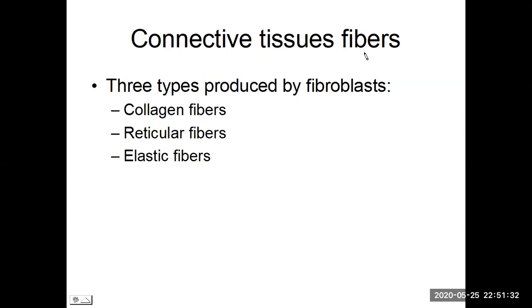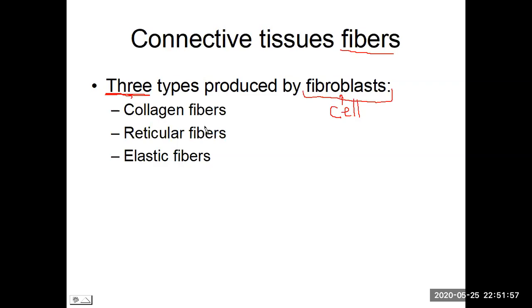Within connective tissue, there are various types of fibers. You see these three primary groups of fibers, these strands of protein. All of these different types of protein fibers are produced by a cell known as a fibroblast. We'll describe the cells shortly, but we want to focus first on the fibers.